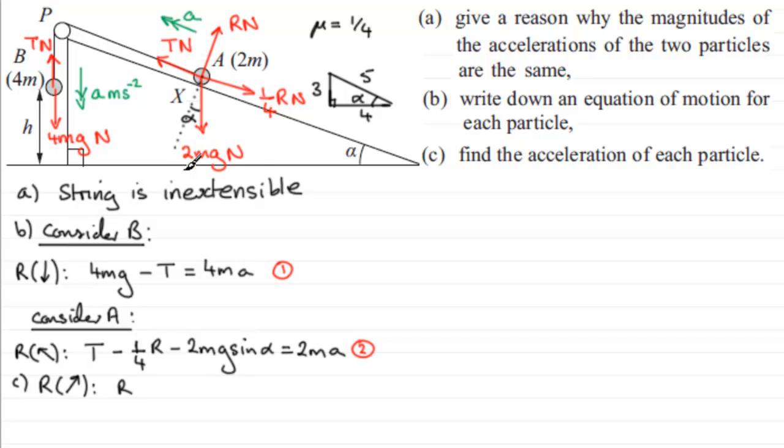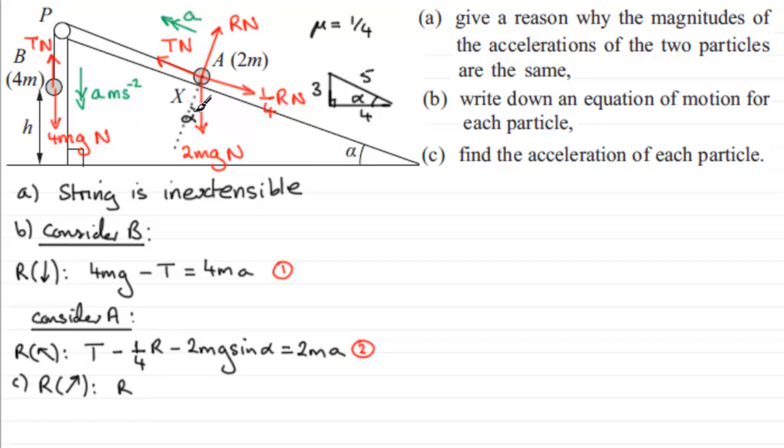But when it comes to the weight, that is inclined to this direction. It's not perpendicular to this direction. So we split this into two components. One will be into the plane, one down the plane. The one down the plane, though, is now perpendicular to our direction, so we don't need to consider that one. We just need to consider the one into the plane.